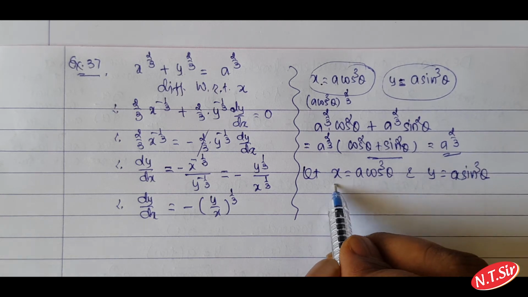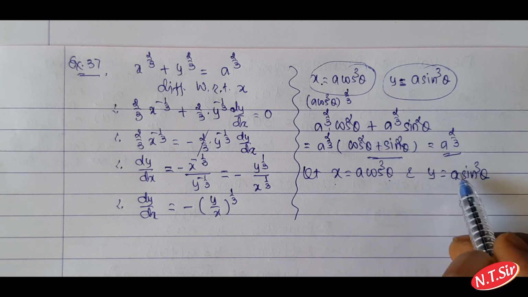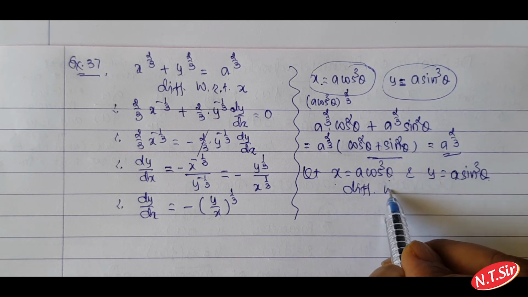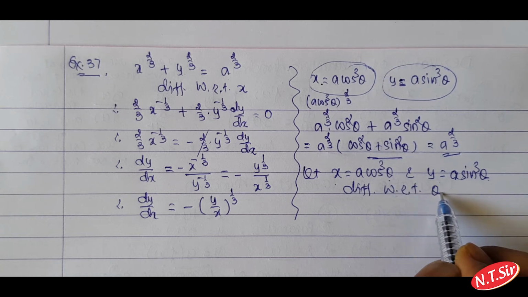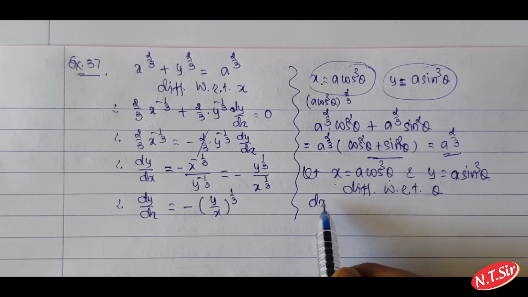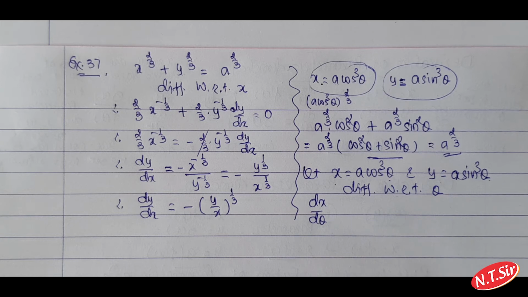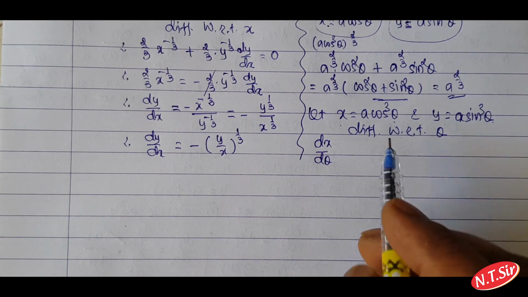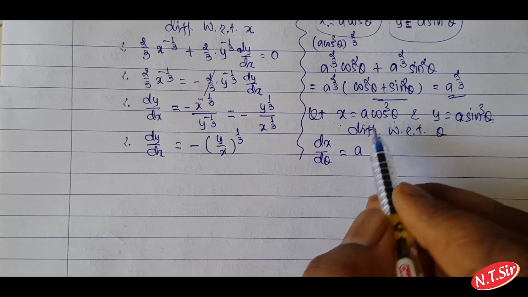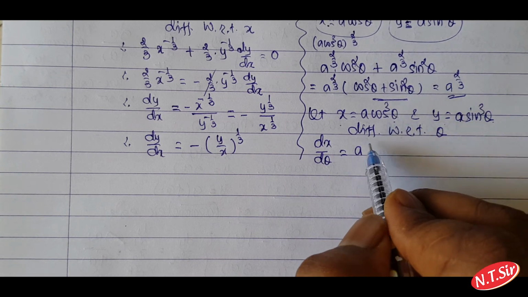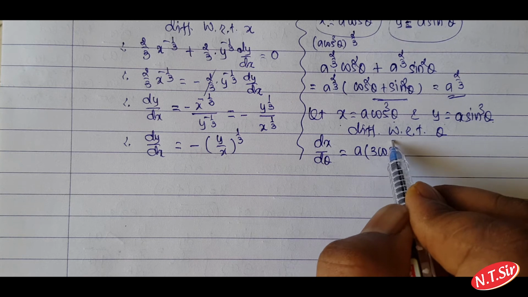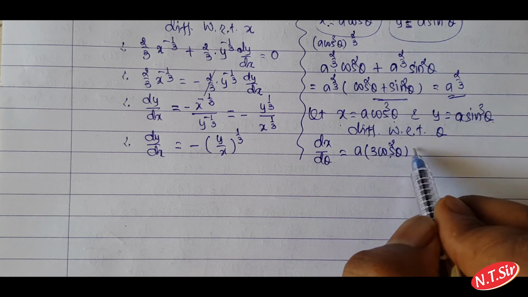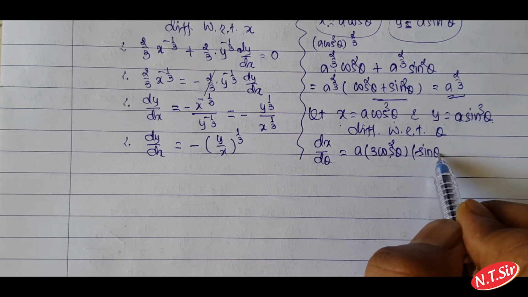So differentiating x with respect to theta and y with respect to theta, derivative dx by d theta is a constant, cos cube theta, derivative of cos cube theta is 3 cos square theta, and derivative of cos theta again applying chain rule, so minus sin theta.